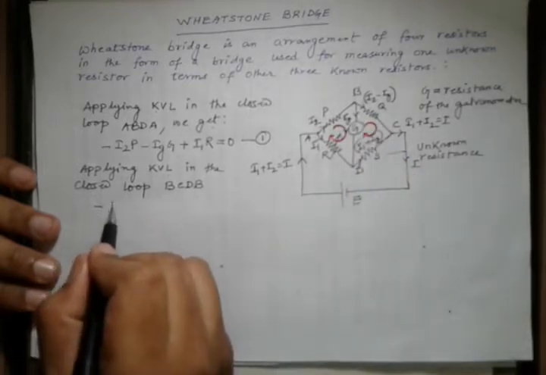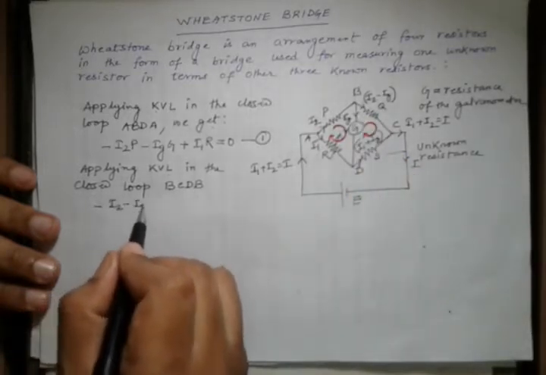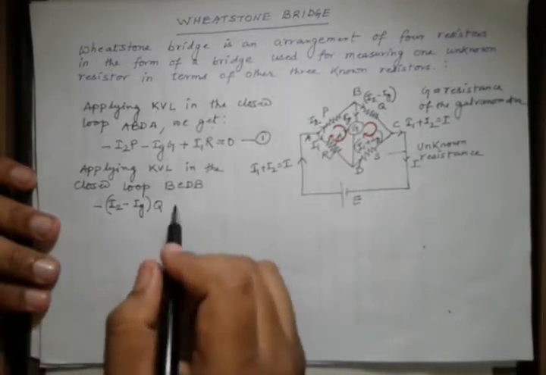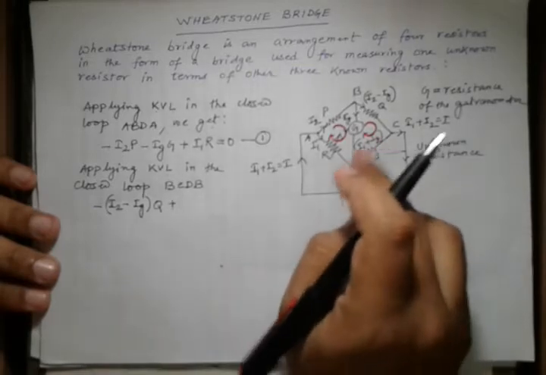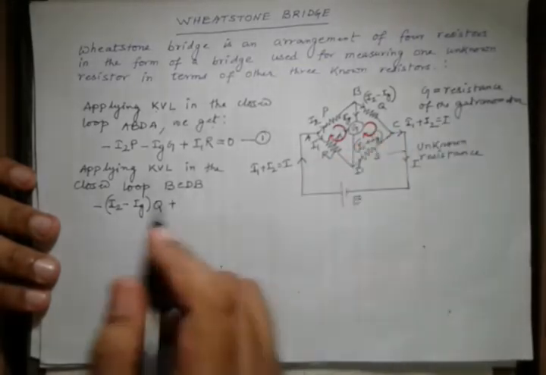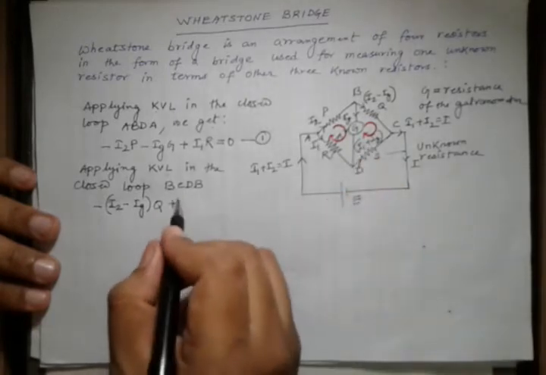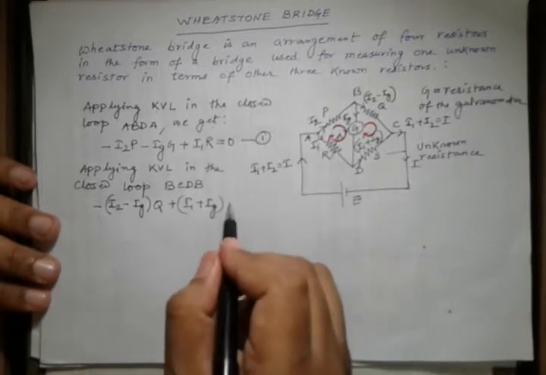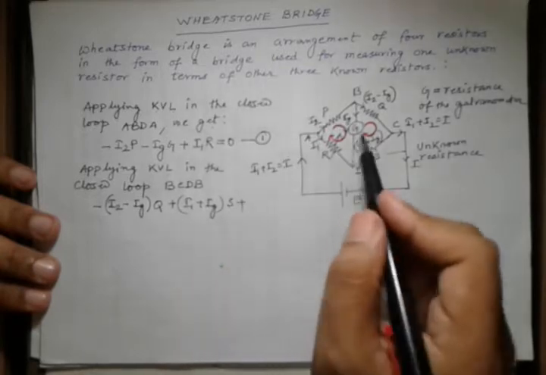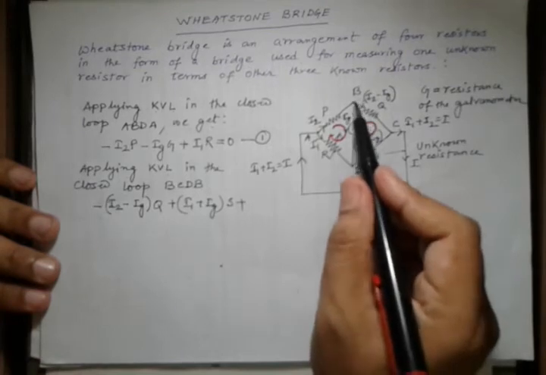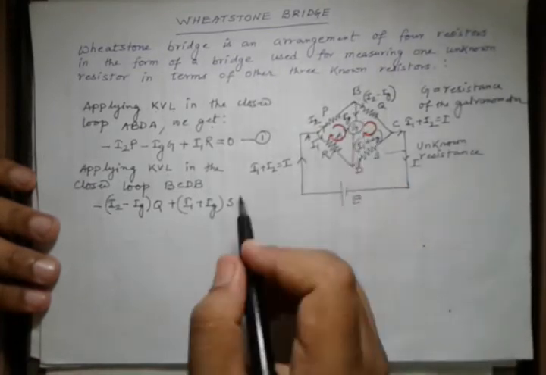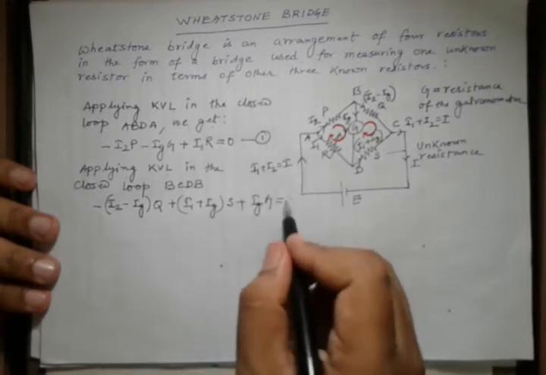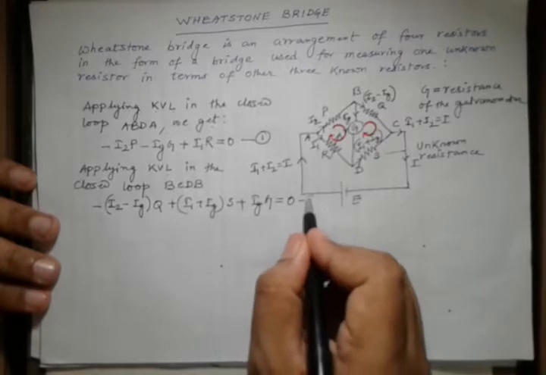So minus I2 minus Ig into Q. Then here, the opposite direction: I1 plus Ig into S. And you can also see the loop is going upward, the current Ig is coming downward, so again it will be plus Ig into G, equal to 0. So this is equation number 2.